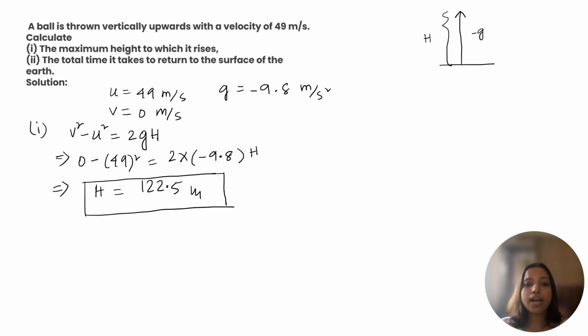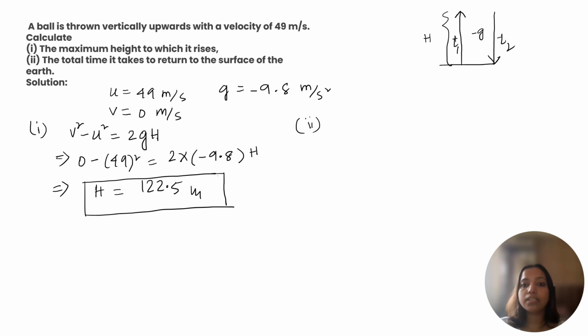Okay, to calculate the second one, it is asked the total time it takes to return to the surface of the earth. That means here the ball goes in the upward direction first, then it comes back. So let's imagine the time taken when the ball is going upward is t1, that means time to ascend, and time to descend is t2.